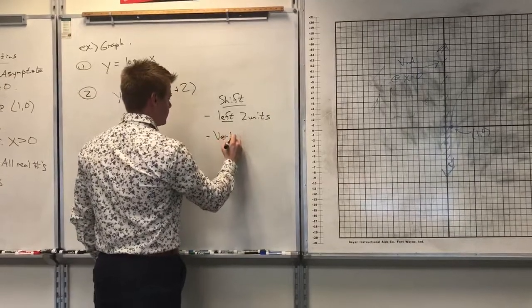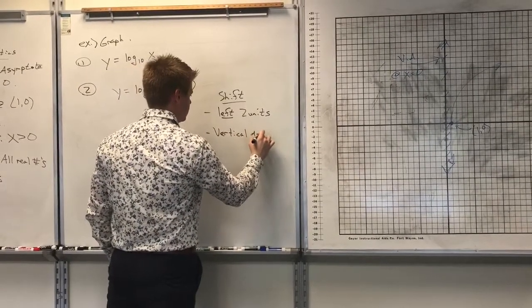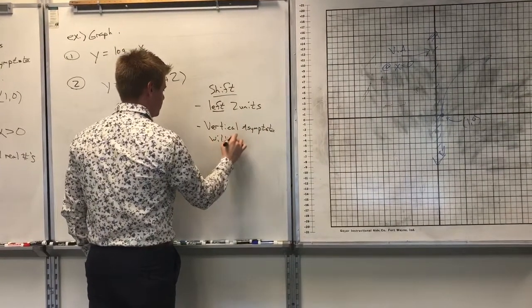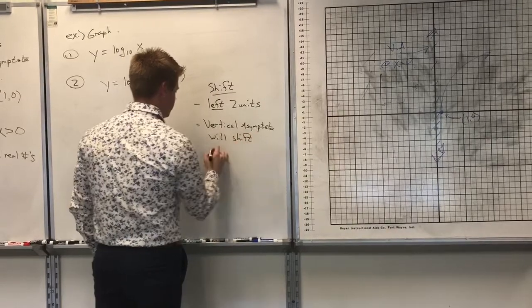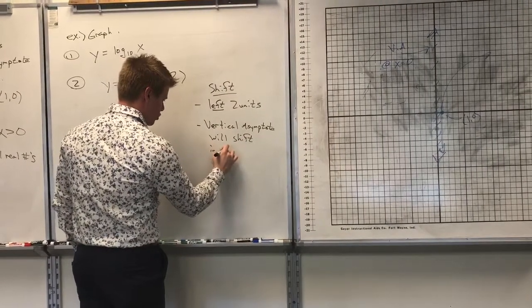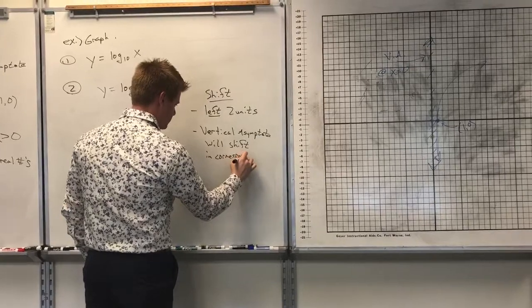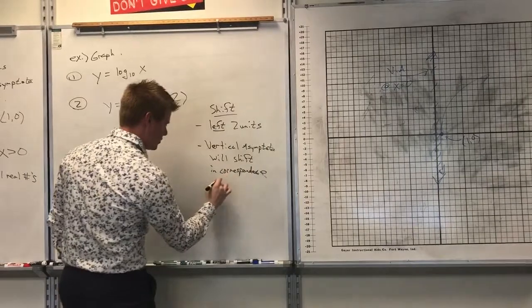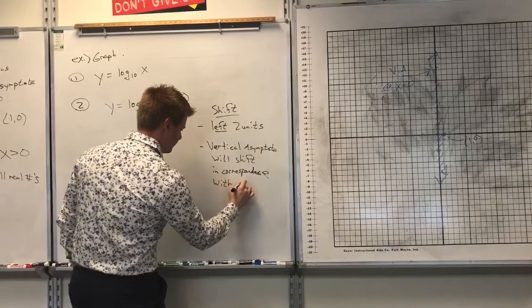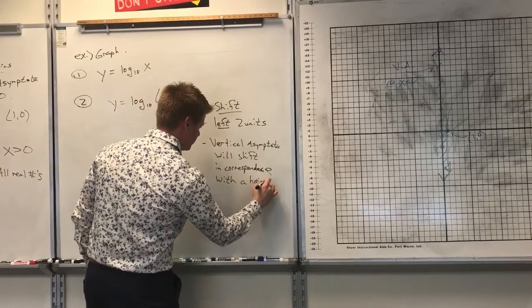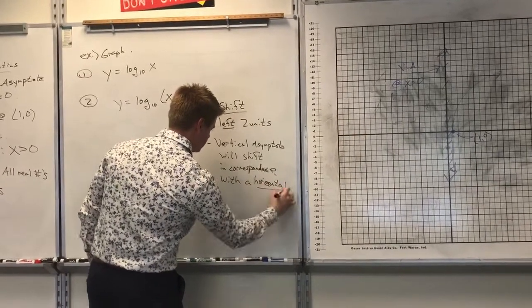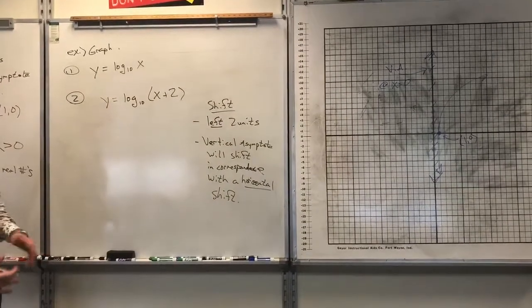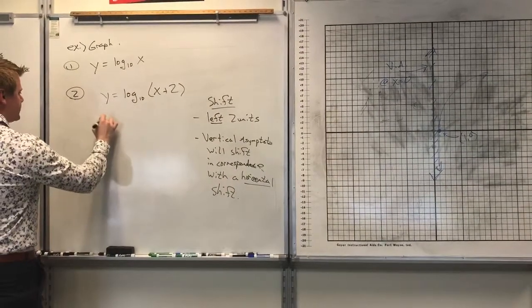The vertical asymptote will shift in correspondence with a horizontal shift, along with our anchor point. So what I'm going to label here, and then I'm going to translate it to the graph.